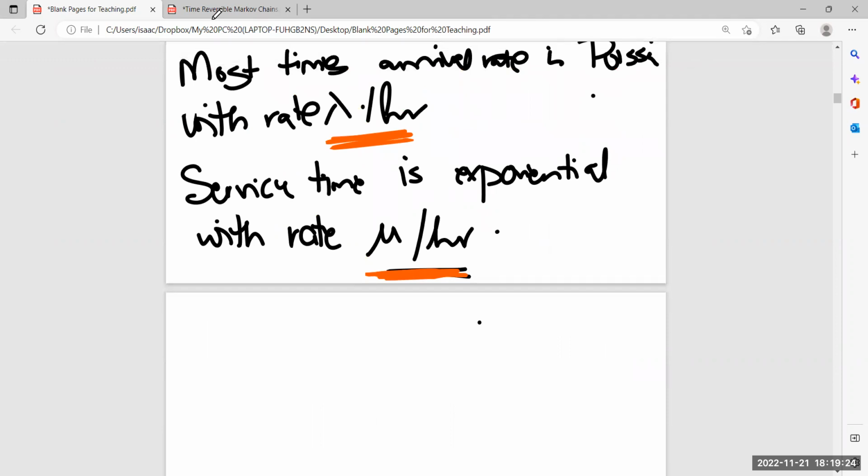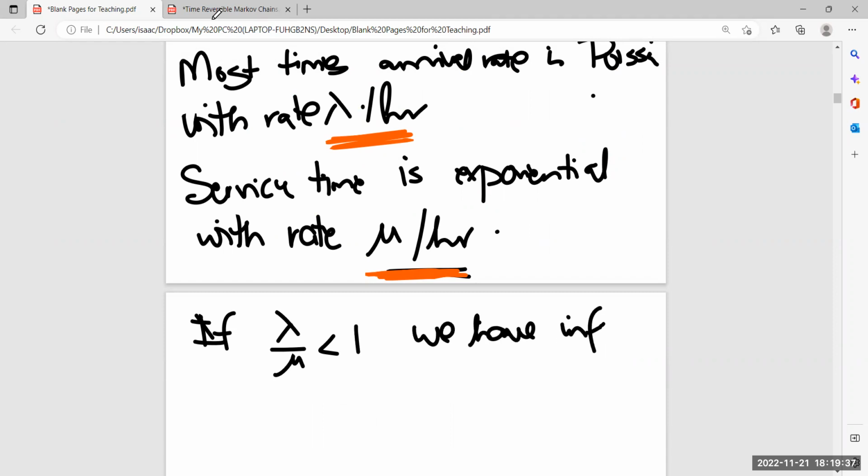So I might be missing something. If lambda over mu is less than 1, we have infinite queue length.